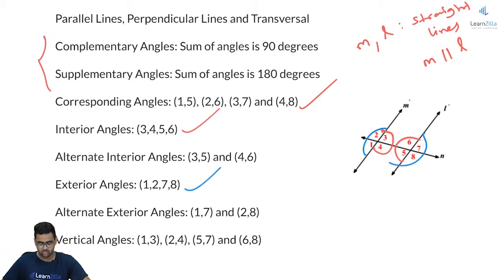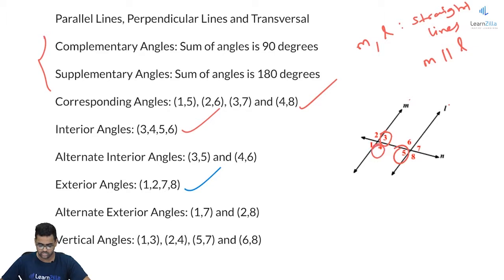Alternate interior angles: by definition my interior angles are the angles which are inside the lines on either side of the transversal. So what are my alternate interior angles? 3, 4, 5, 6 are my interior angles that we have already agreed. Alternate interior angles are the ones which are on opposite sides of the transversal. So 3 and 5 are interior angles on opposite sides of the transversal, so they are alternate interior angles.